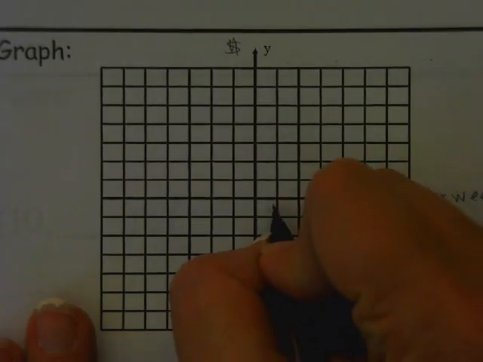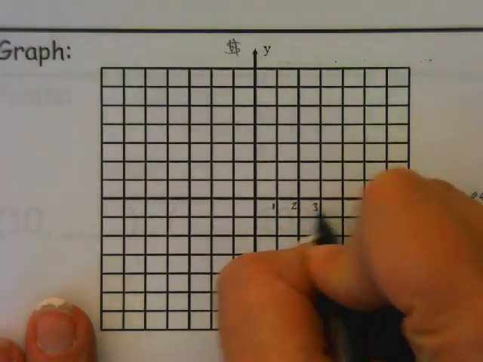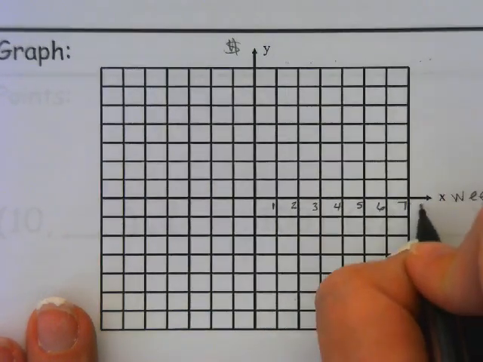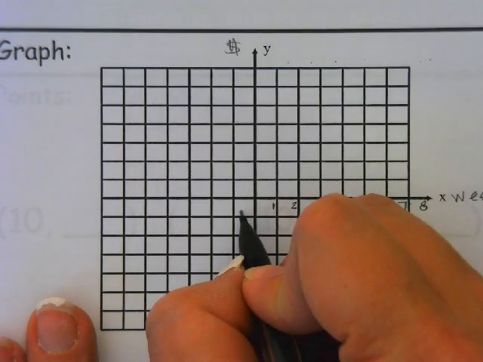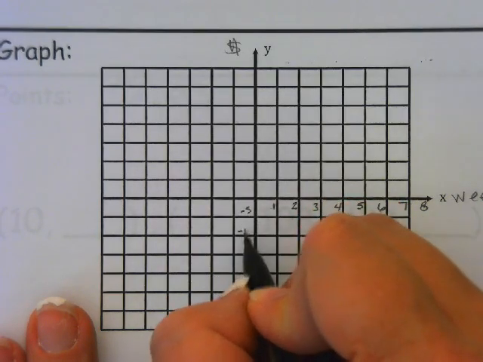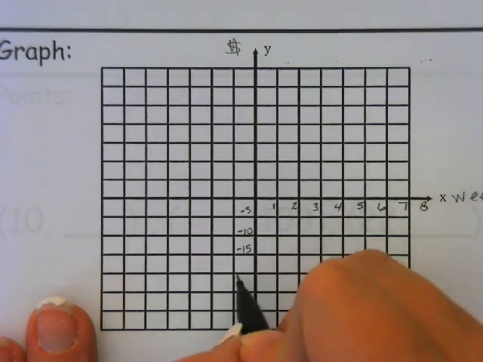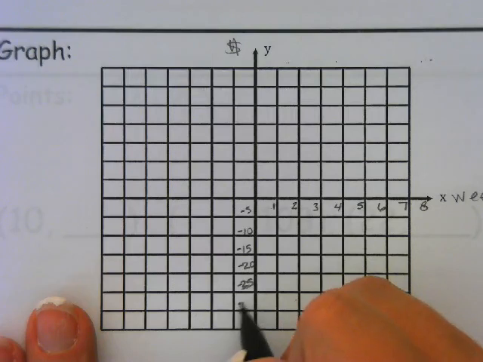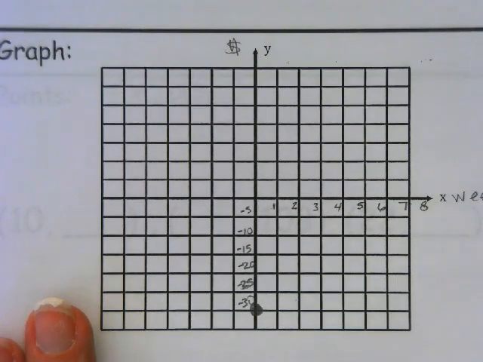Right, so this is week 1, week 2, week 3, week 4, week 5, week 6, week 7. We could even put week 8 over here, right? So if we're going to count by 5, it's negative 5, negative 10, negative 15, negative 20, negative 25, negative 30. That's where we're starting, negative 30.